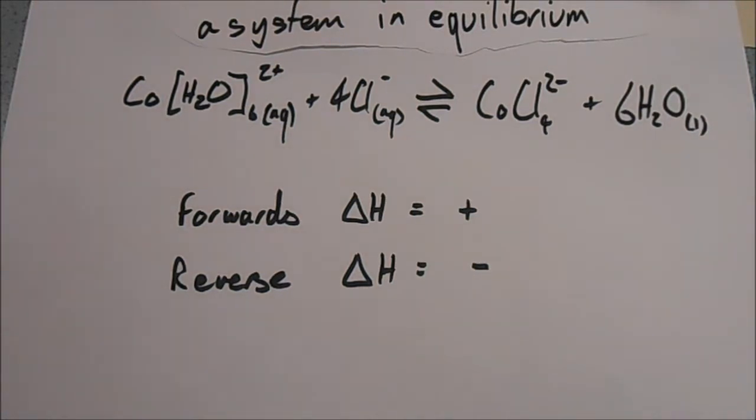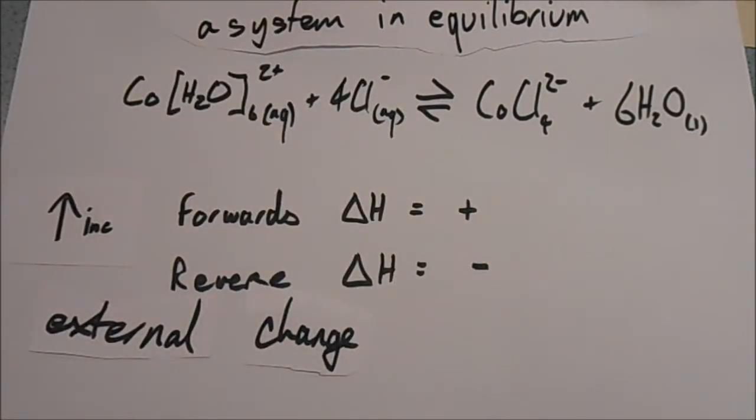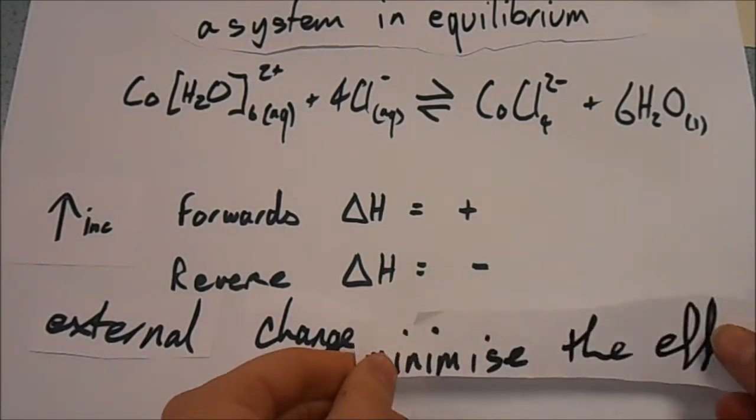So if we increase the temperature, we will find that we have put an external change on the equilibrium, and so the equilibrium will change to minimise the effects.